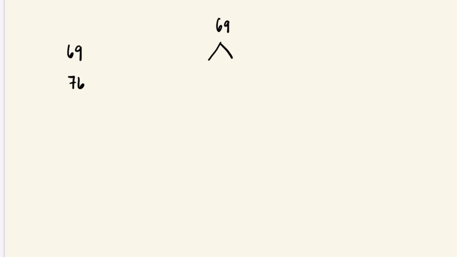The divisors of 69 are 23 and 3. Because 23 times 3, you get 69. So, 23, is this already a prime? Yes. Nothing can divide 23 except 1 and 23. You can write here 69 as 23 times 3.